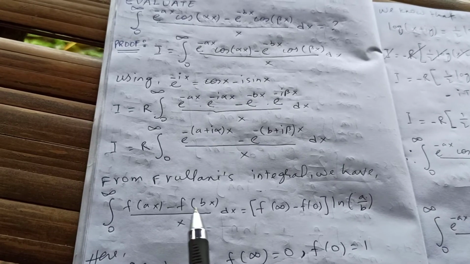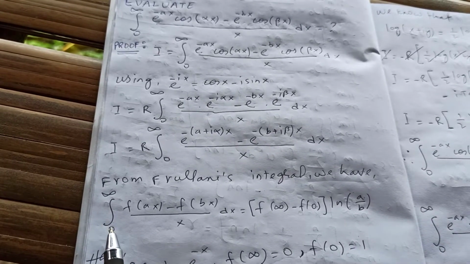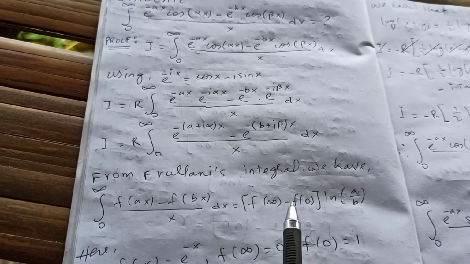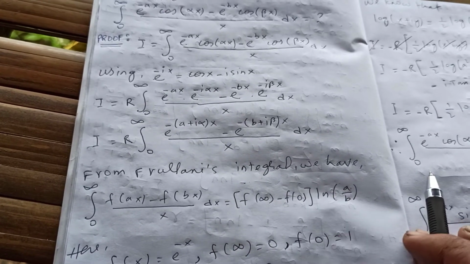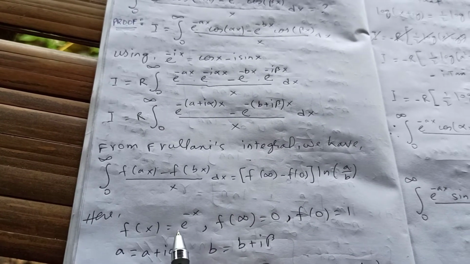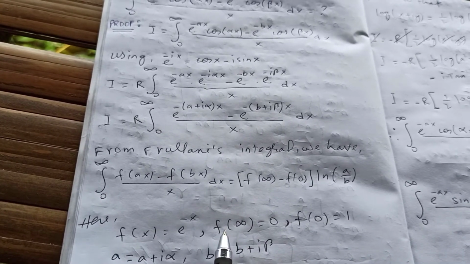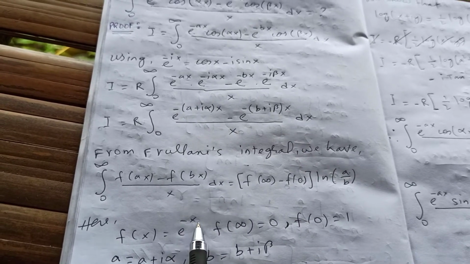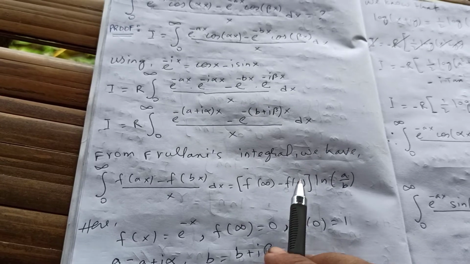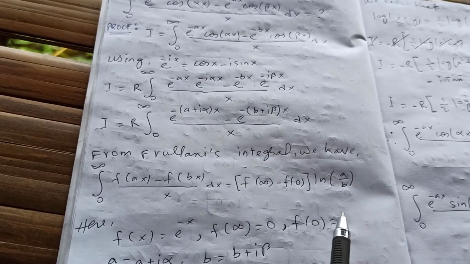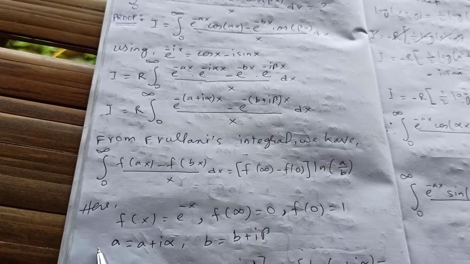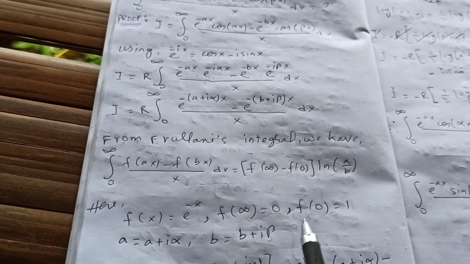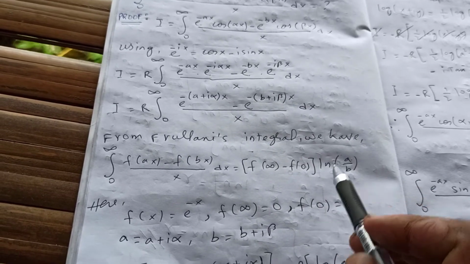According to the Frullani integral, the integral from 0 to infinity of (f(ax) - f(bx)) / x dx is (f(infinity) - f(0)) log(a/b). Here f(x) is e^(-x), and f(infinity) is 0 because e^(-infinity) is 0, and f(0) is e^0, which is just 1. Here a is a + iα and b is b + iβ. Not that, just a and b.